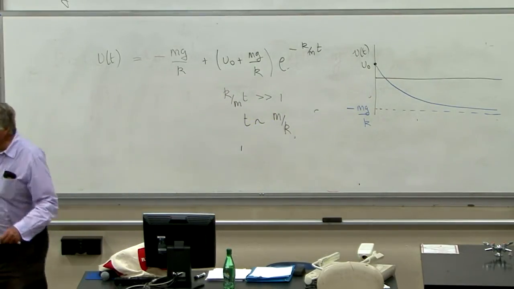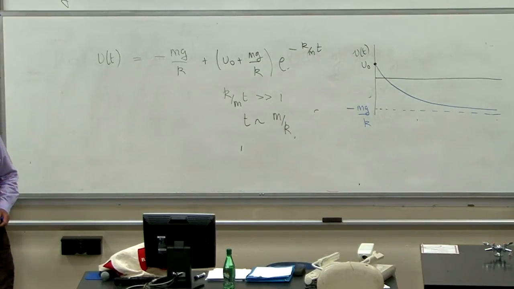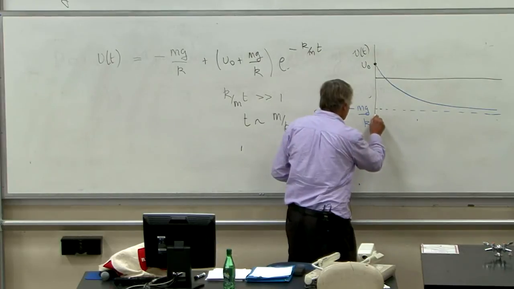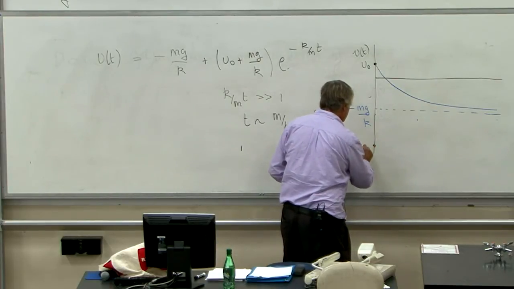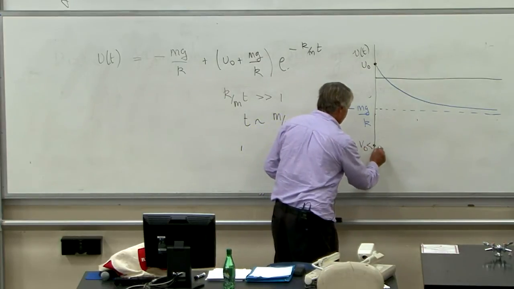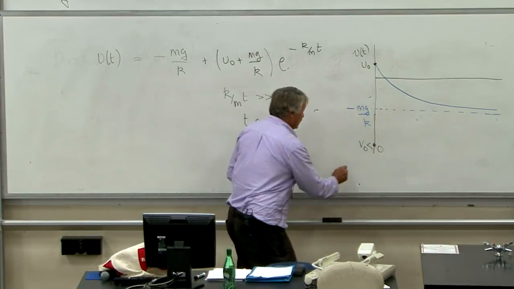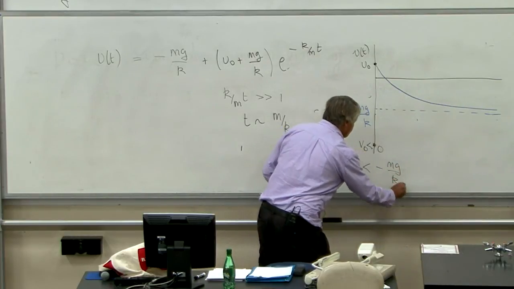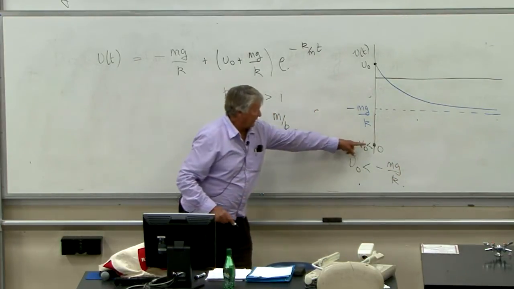Supposing I had thrown it down faster than the terminal velocity. So supposing I start down here, what would happen then? Supposing v naught is very negative, so v naught is less than minus mg over k. So it's down here.